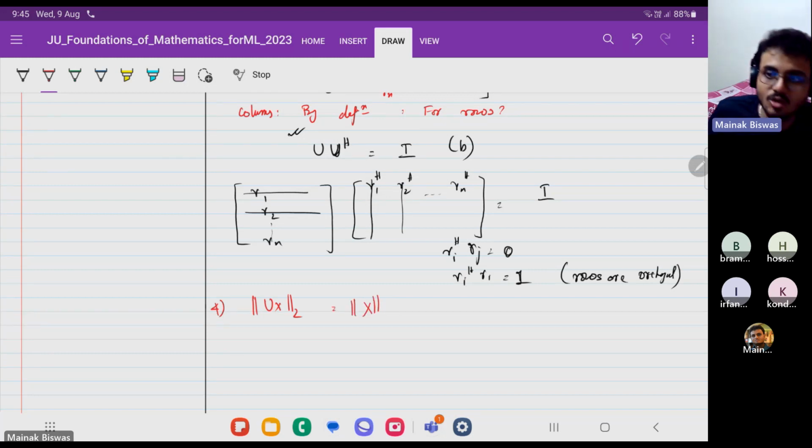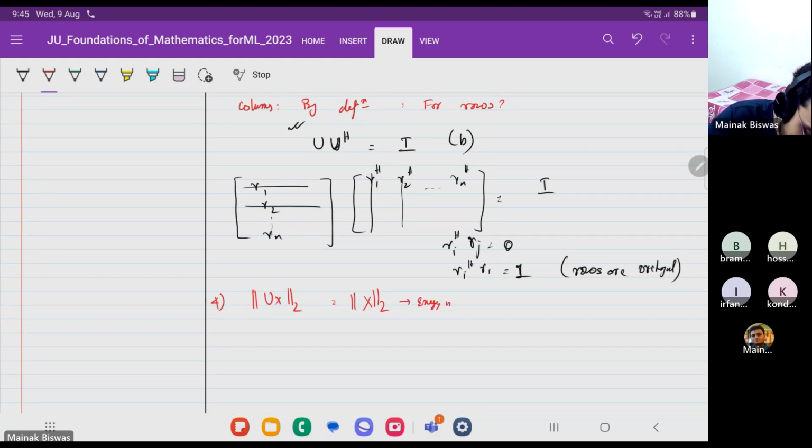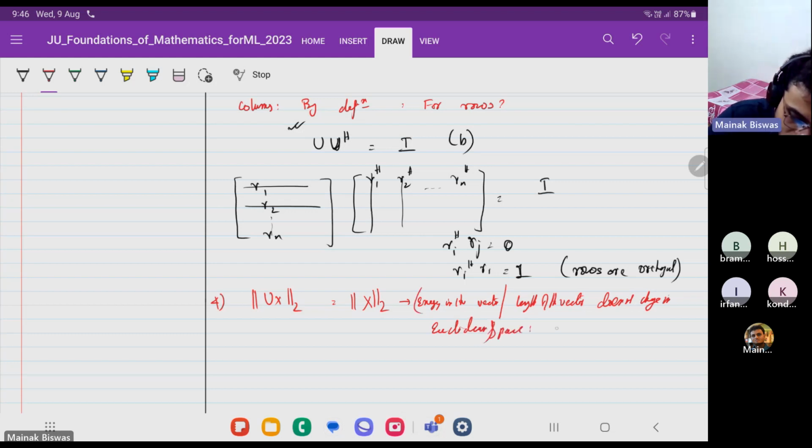So this is an intuition that you must have. Once you take the linear combination of the columns of a unitary matrix, the energy in the vector, or the length of the vector, does not change in Euclidean space, or our Earth space, on taking linear combinations of orthonormal vectors.